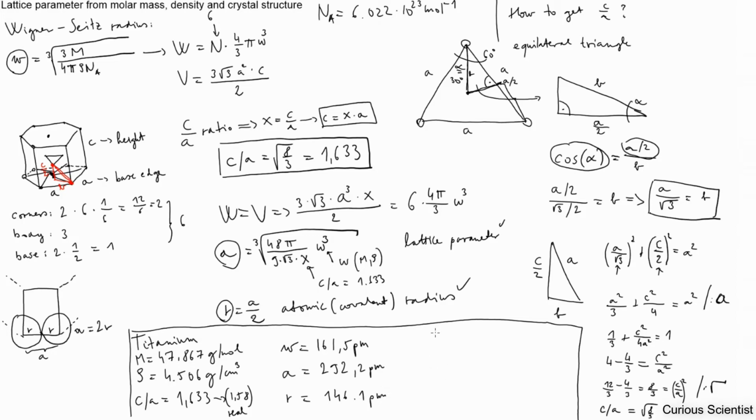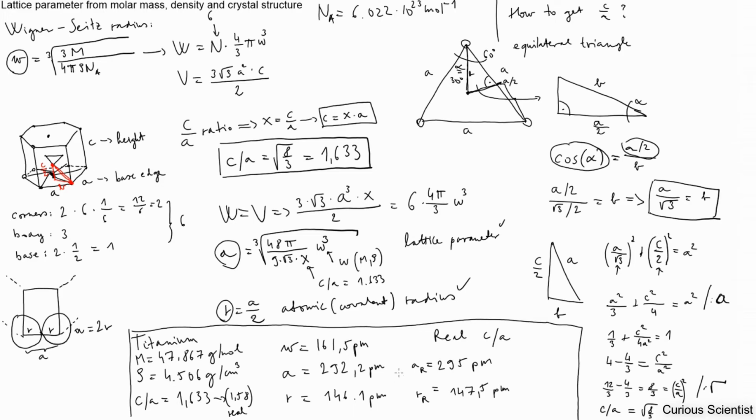And if we would like to use the real C over A, then this will be 295 picometers, and this will be 147.5 picometers.